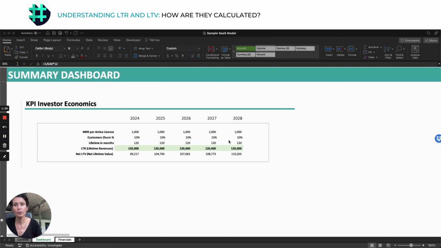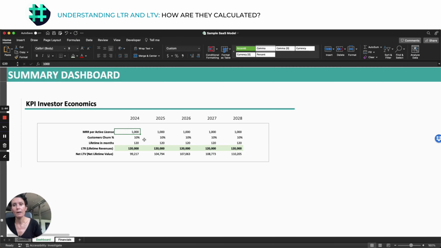So let's walk through a practical example, and you'll see that mathematically this is really not that difficult. And just understanding some of the different components of the equation, you'll be able to talk about this with ease. So let's say, for example, I've got a B2B SaaS platform, and I have annual licenses.